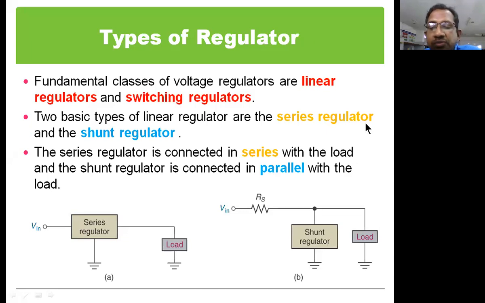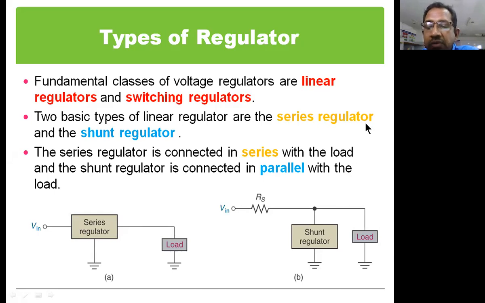These two types of regulators come under the linear type of regulators. So altogether we have four different types of regulators. Based on the types of regulators, you're going to have different types of power supply units as well.